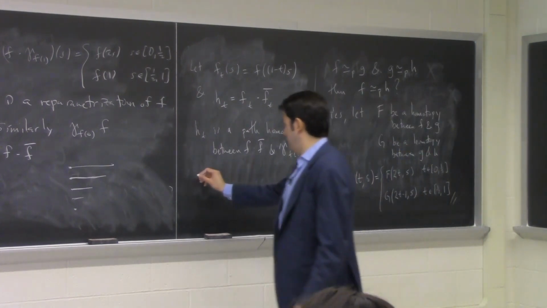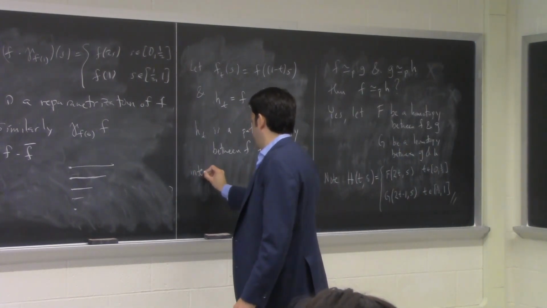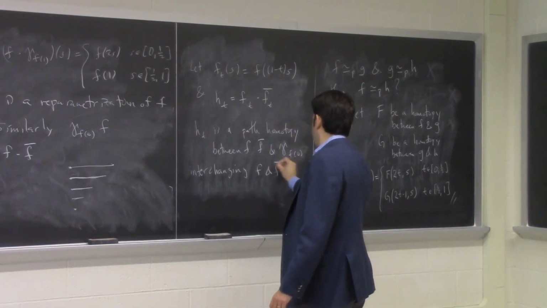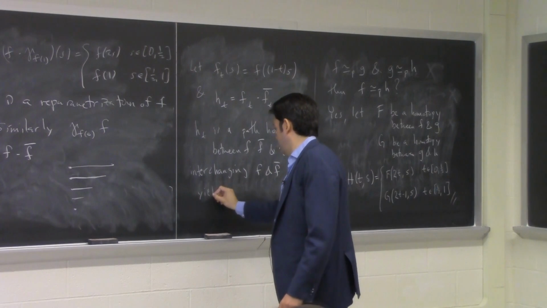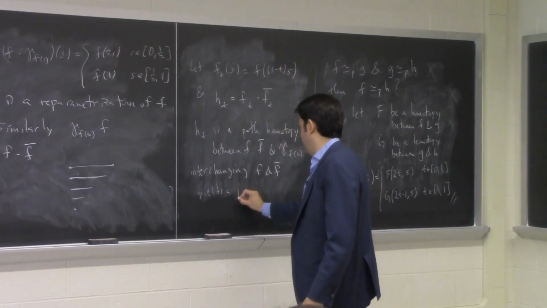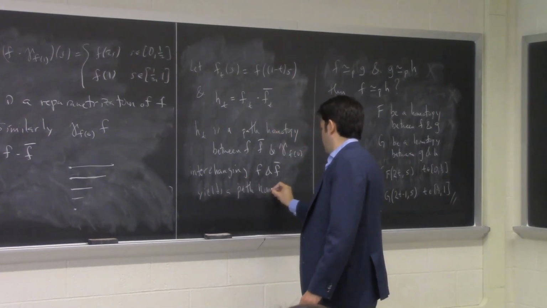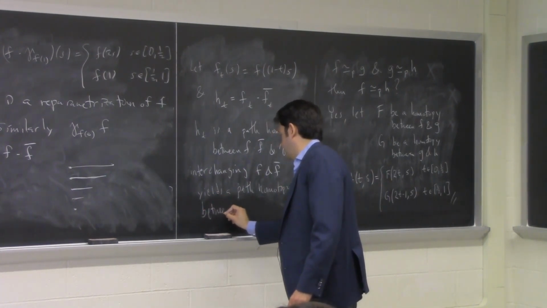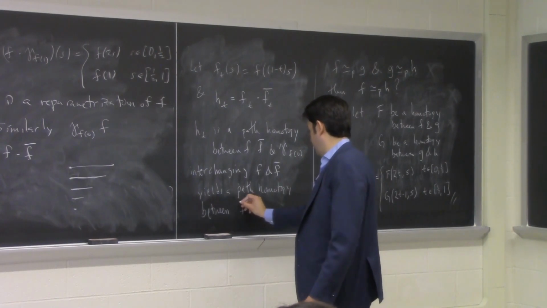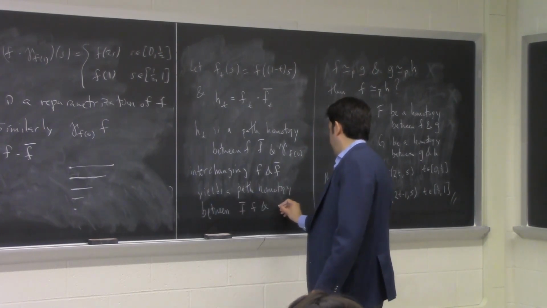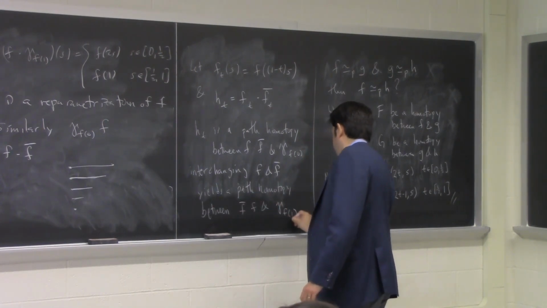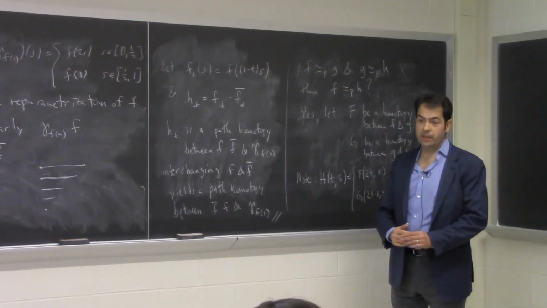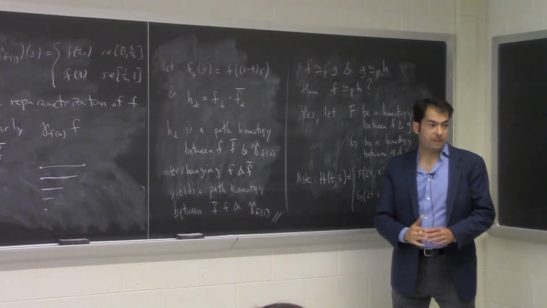And then just interchanging f and f bar yields a path homotopy between f bar dot f and gamma f of 1. OK? Which proves a lemma.